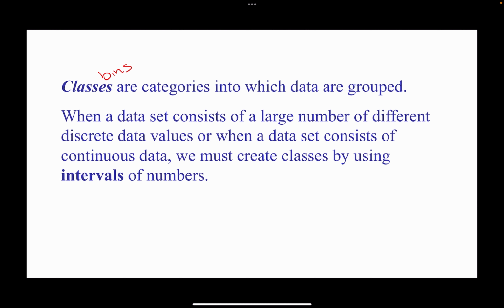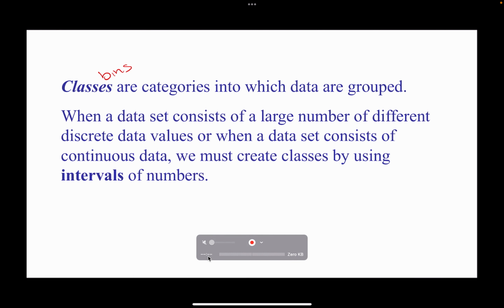So when you have a large number of different values, or when you have continuous data, you're going to want intervals that make up several different values, a range of values within each class, each bar in your histogram.